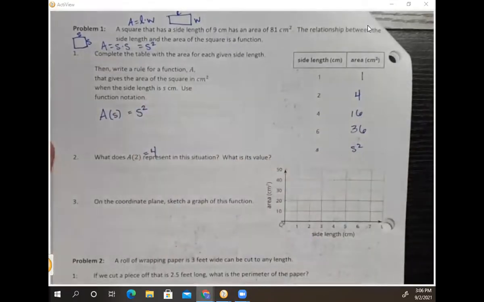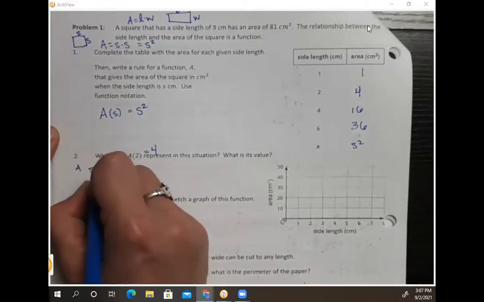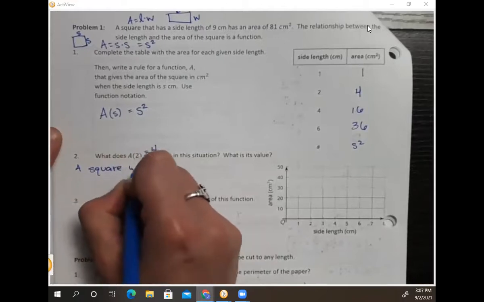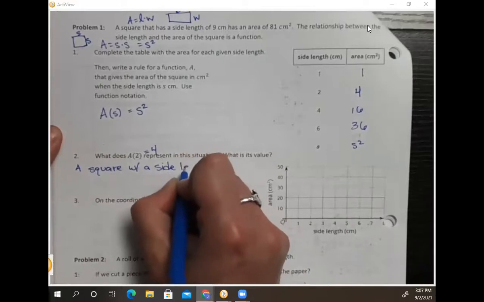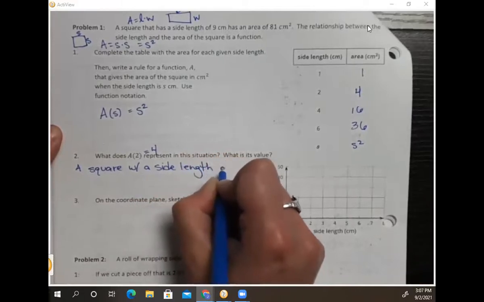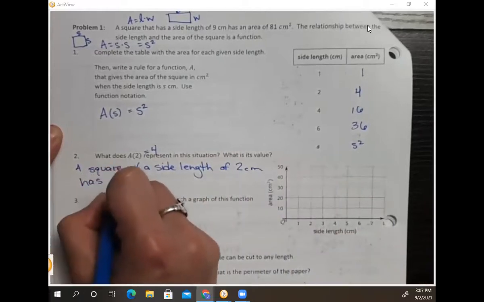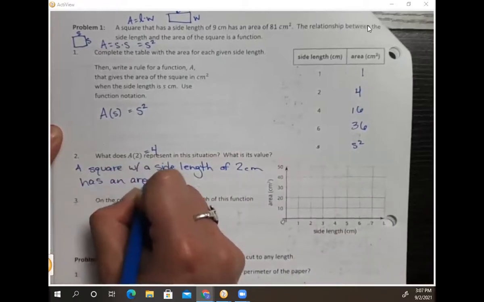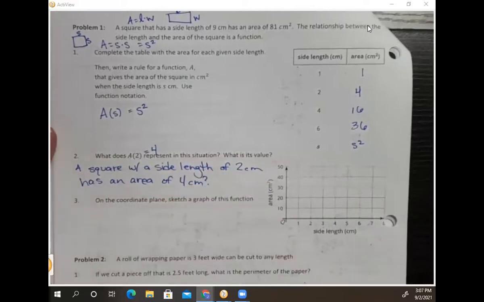What does this mean in the context of our problem? A of 2 equals 4. A square with a side length of 2. And then since we know what it's equal to, can you finish that statement for me? Yeah, a square with a side length of 2, and our label is centimeters, has an area of 4 centimeters squared.